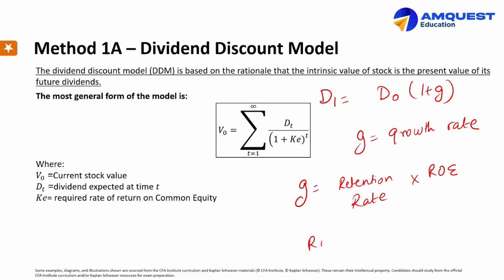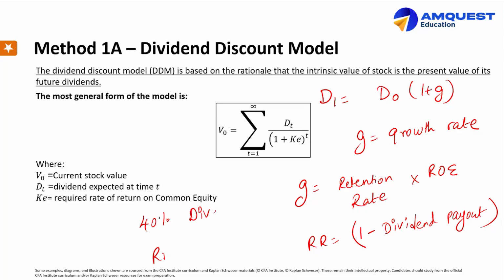Retention rate is equal to 1 minus dividend payout rate. So in short, if the company is paying out 40% dividend from the earnings, then the retention rate will be equal to 60%. D1 is the current year's dividend and it is expected to grow next year, so it is multiplied by 1 plus G, where G is the growth rate.